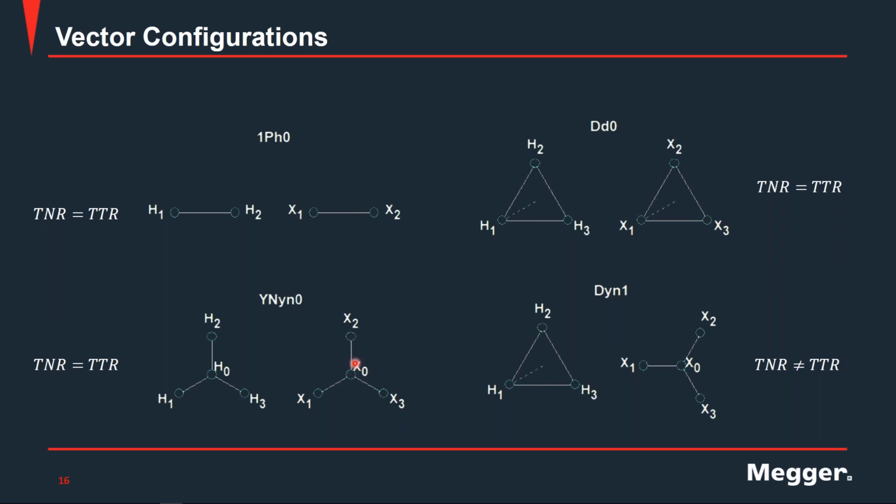But I just want to make sure we understand that the 30-degree phase shift the question is asking about is for line-to-line phase difference, and what the TTR is calculating is from the A phase of the primary side to the A phase of the secondary side. So these are slightly different things.